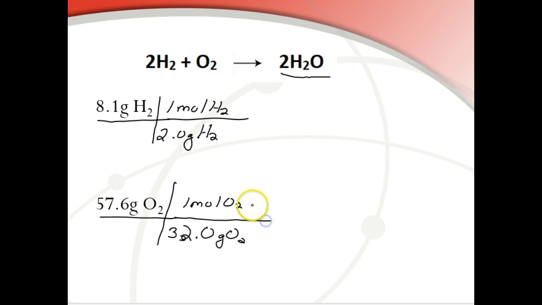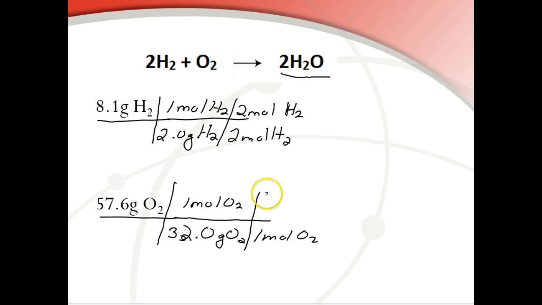Now we're going to compare them to water, our product, so we have to use the stoichiometric ratio like we talked about in the last video. For this one, it takes 2 moles of hydrogen to make 2 moles of water, H2O. For this one, it takes 1 mole of oxygen to make 2 moles of water.